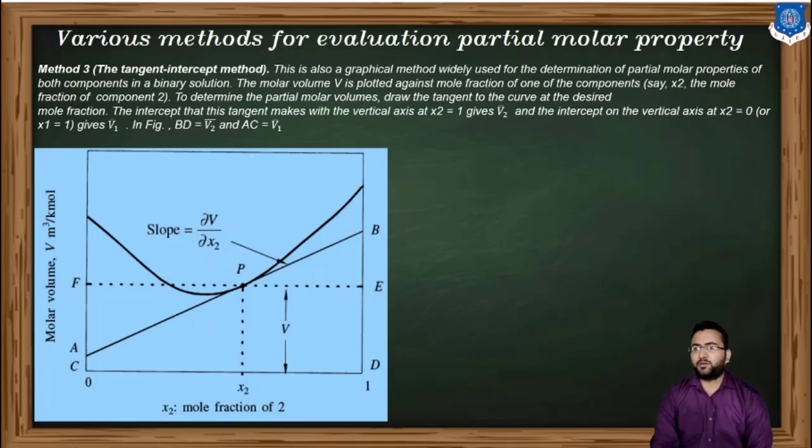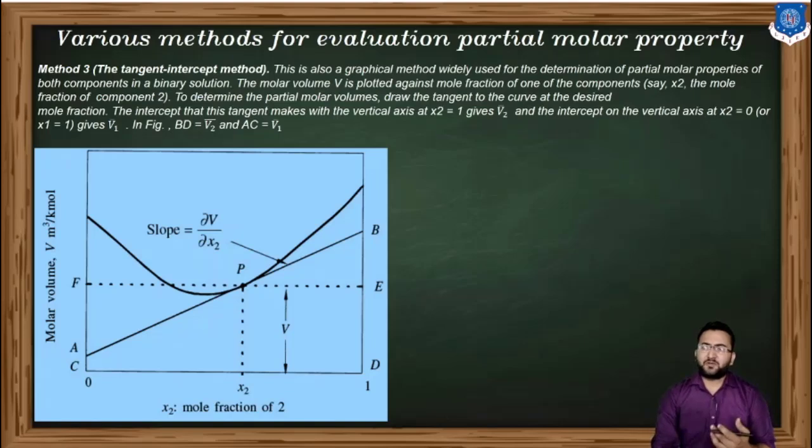Now let's discuss the third method, which is known as the tangent intercept method. This is also a graphical method. This graphical method is widely used for the determination of partial properties of both components in a binary solution. The molar volume V is plotted against the mole fraction of one of the components, say X2, the mole fraction of component 2.